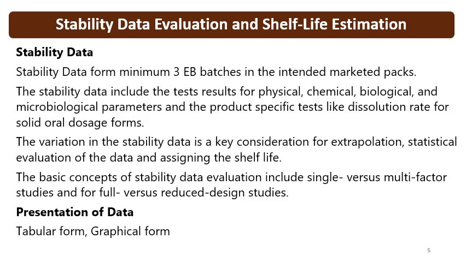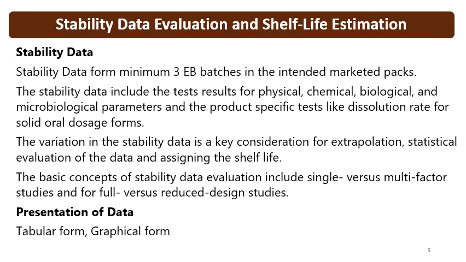Now, the stability data of 3 batches is required. As per the regulatory requirements, 3 batches are required. These batches are known as pivotal batches or exhibit batches, and all these batches are to be stored in the stability studies in the intended marketed packs.